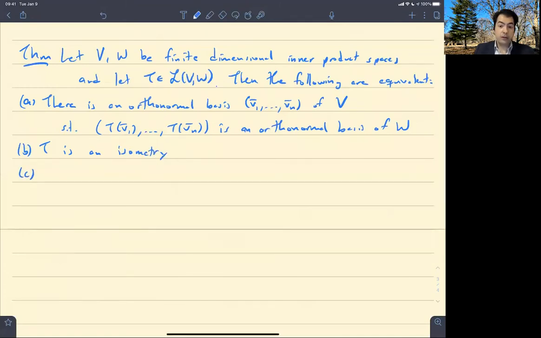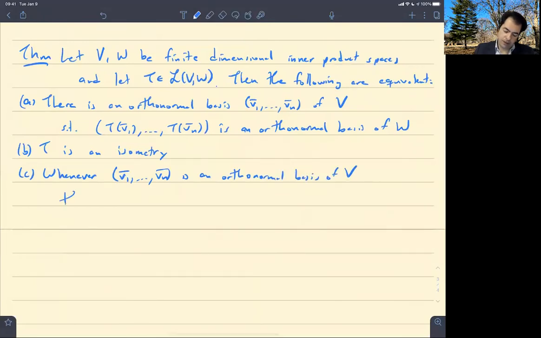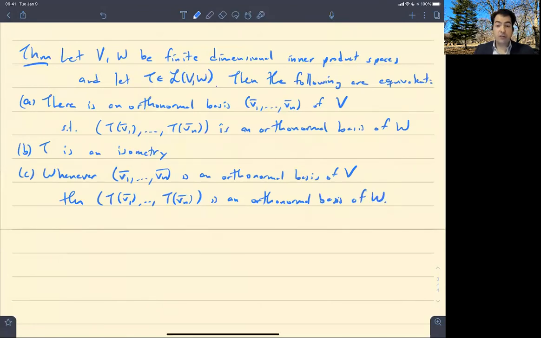And in turn, that's equivalent to whenever V1 through Vn is an orthonormal basis of V, then T of V1 through T of Vn is an orthonormal basis of W. Okay, so the claim is that if you do this for one basis, then you do it for all bases.